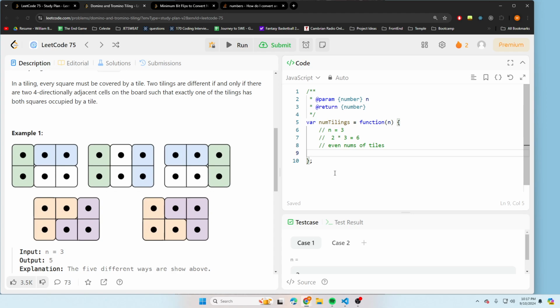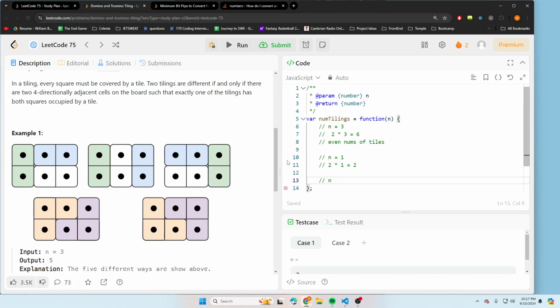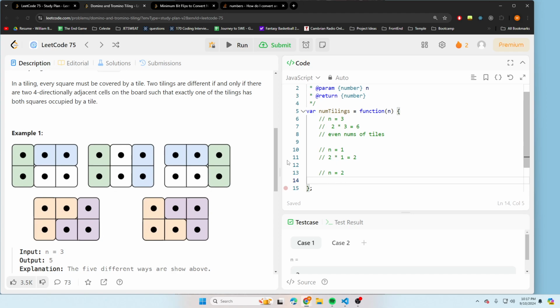Okay, relax. Let's think about it this way. Let's just say n equals 1. So 2 times 1 equals 2, and there's only one way to put a 2, right? And n equals 2.